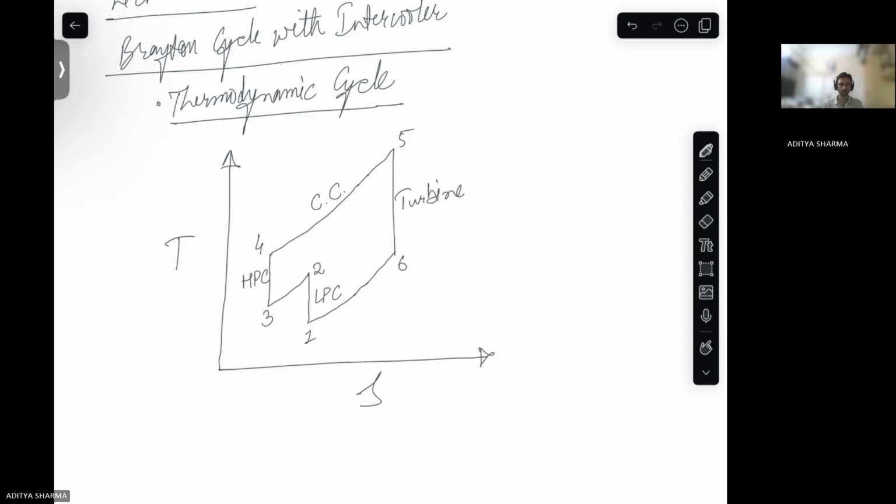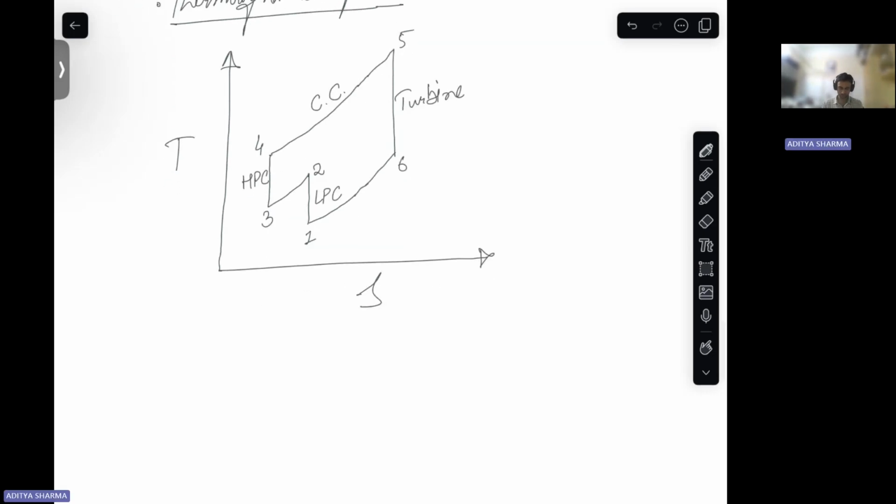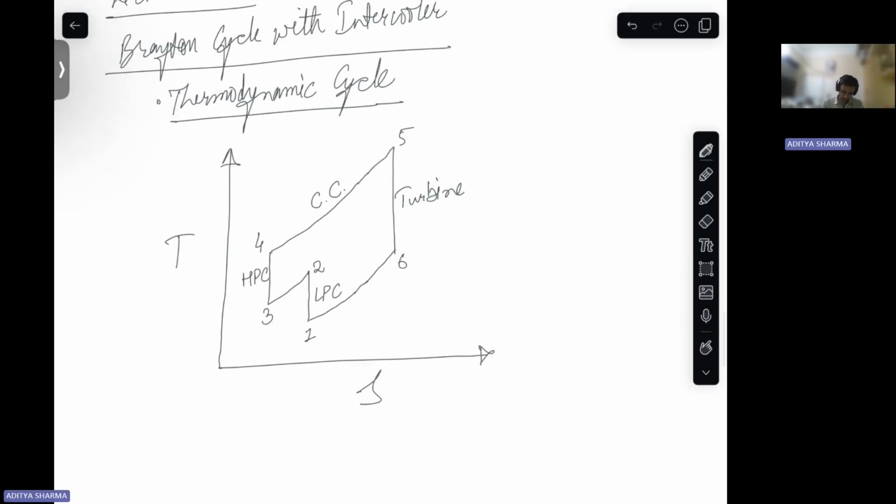So this is your intercooler. Okay. And what is the purpose of using intercooler?